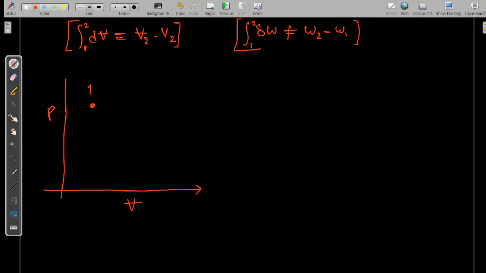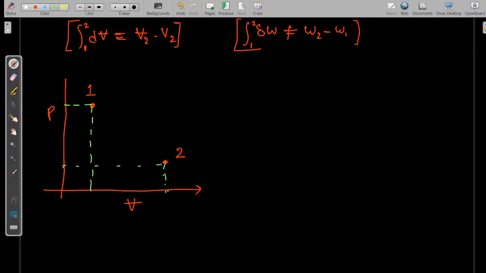I defined just now. This is the first and this is second. This is the state of the system. Why is this the state of the system? Because it has been defined with some properties. This is the value of pressure at this state. This is the value of volume at this state. Similarly, state 1 has been defined with the help of some properties. So that's why it is called state of the system.